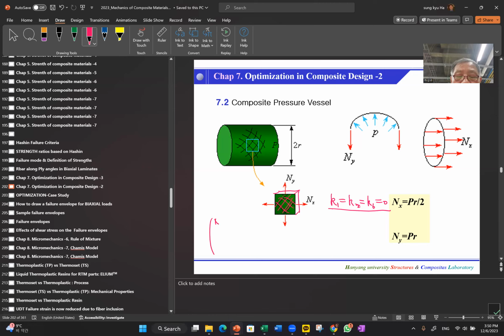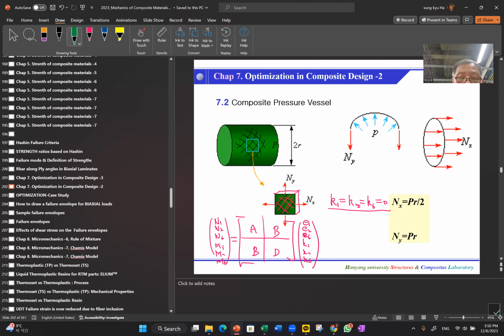In other words, we have N1, N2, N6, and moments M1, M2, and M6, and then we have the A, B, D matrix with epsilon 1, 2, and 6, and curvature 1, curvature 2, and curvature 6. So in reality, precisely speaking, we are applying this load, and also because of this cylindrical geometry, we don't know exactly what the moment should be, but we do know this curvature should be 0.